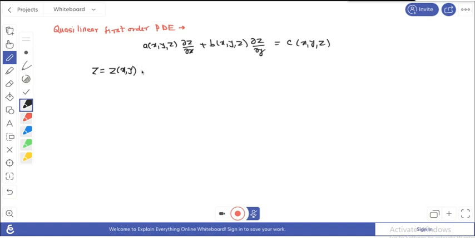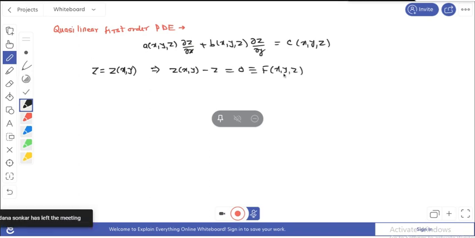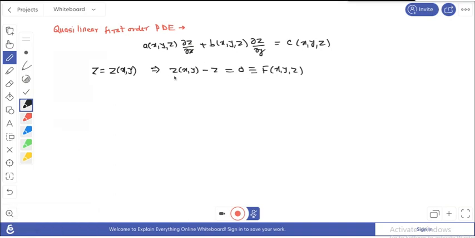Okay, so here, if this is the solution, you can write this in the form of f(x, y, z) = z(x, y) minus z that equals 0. And if we define this as another function of x, y, z, we can write f(x, y, z). Okay, so if we find the gradient of this, you know that the gradient operator is i del over del x, j del over del y, and k del over del z.